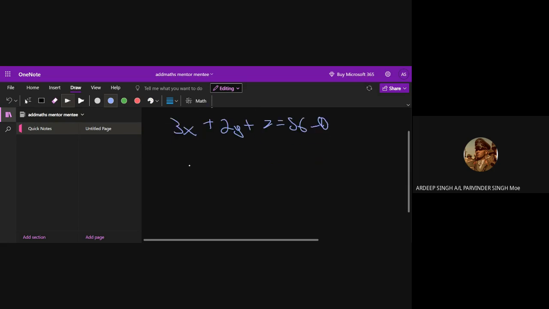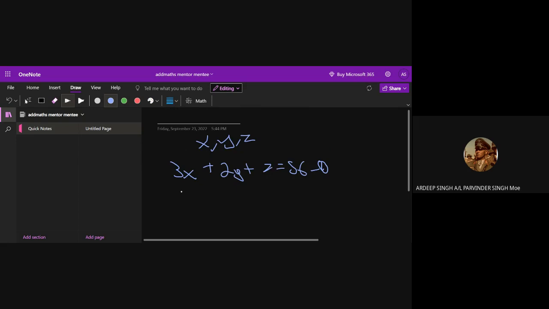Okay. The second one we create is when they say 4 packets of cooking chocolate, so 4x, plus the 3 packets of dates, so 3y. It is all plus because they want the total.